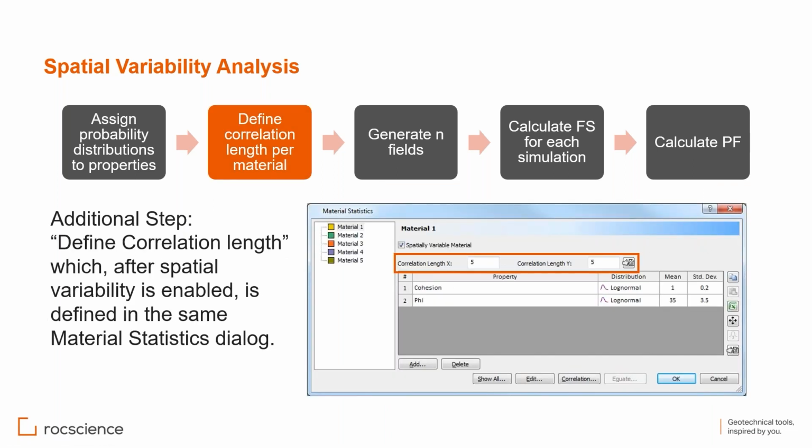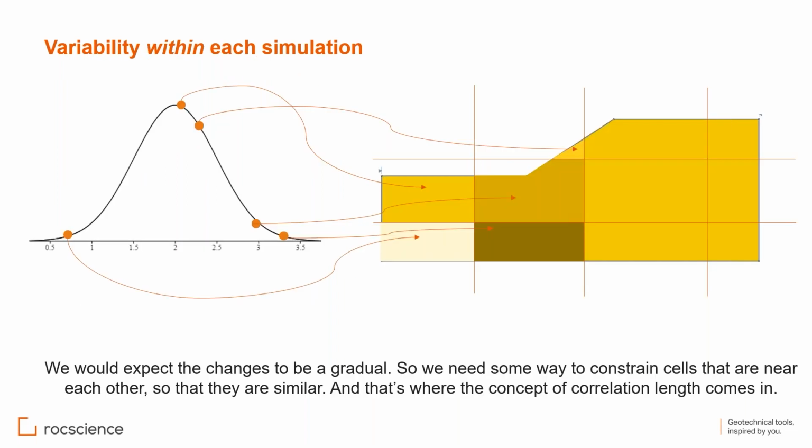So we define one parameter, which is a spatial correlation length, in the statistical material menu. What is this spatial correlation length? Basically, what spatial variability means is that in different locations in your soil profile, you have a different property. But when you do sampling, how do you want to assign the property from the sampling at different locations? Are we going to change the property in every location, every point?